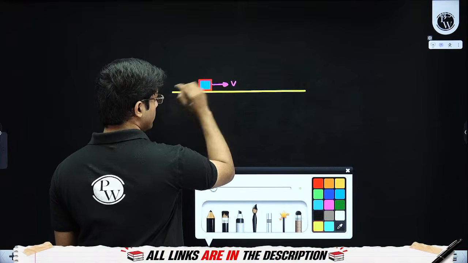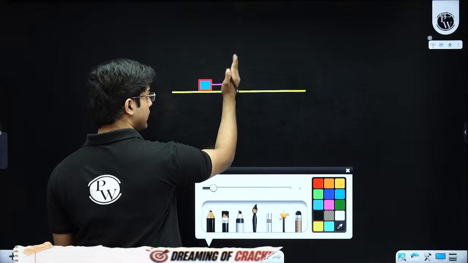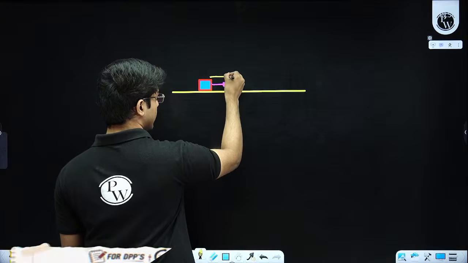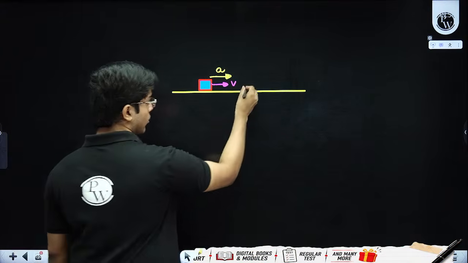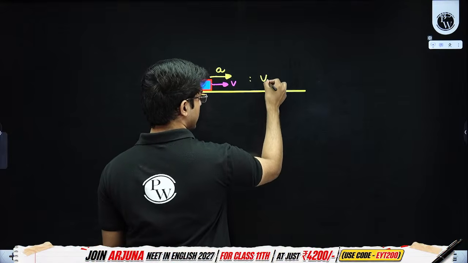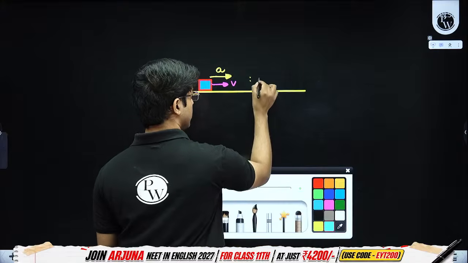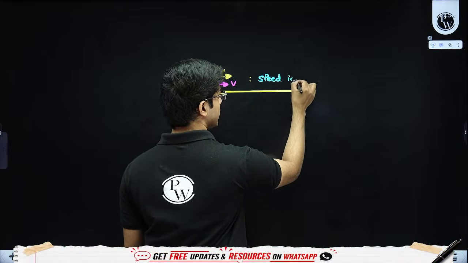Now if it is an accelerated motion, which means speed increases with time, then the acceleration will be in the direction of the velocity. In this case, speed increases with time.